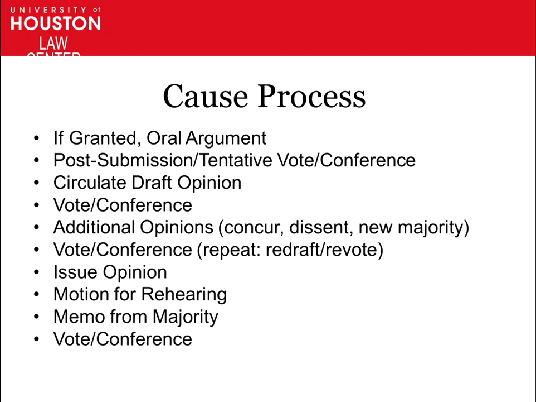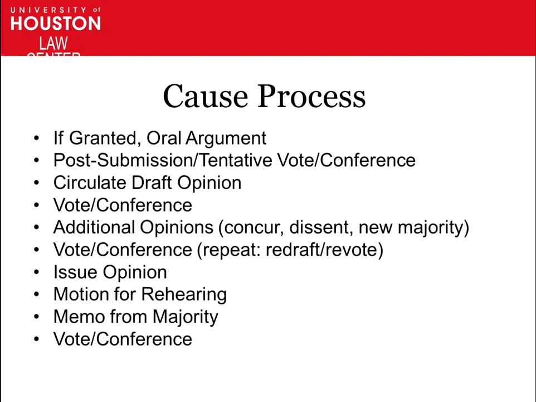And then they revote until everyone settles on, okay, this is the majority that we're happy with, this is the dissent and concurrence, everyone is voted and settled, and then the court issues the opinion, and it goes out with the Friday orders once the court votes it out. There's a finalizing process that the staff goes through to shine it up and double cite check everything, but then it gets issued.